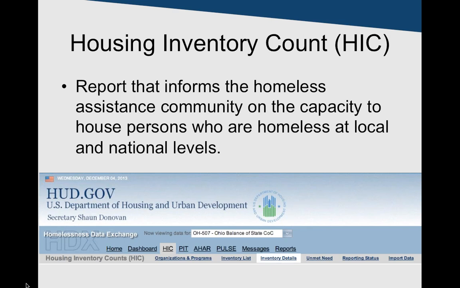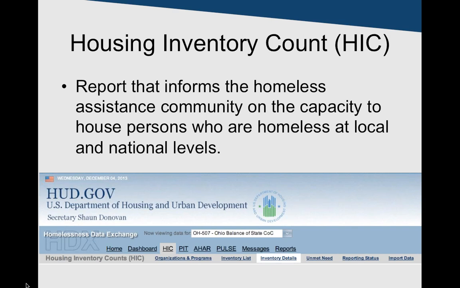Just had sort of a clarifying question also around permanent supportive housing and the people that are in permanent supportive housing and whether or not they should be counted for the point-in-time count or not. And I know part of this is a little confusing. We are not counting people that are living in permanent housing or permanent supportive housing as part of our actual point-in-time count number.